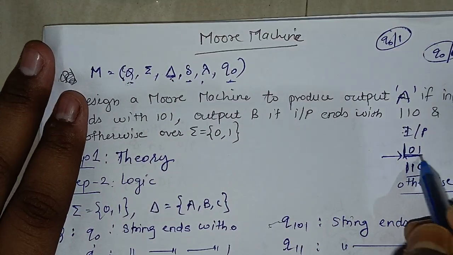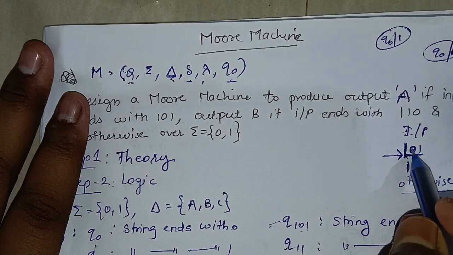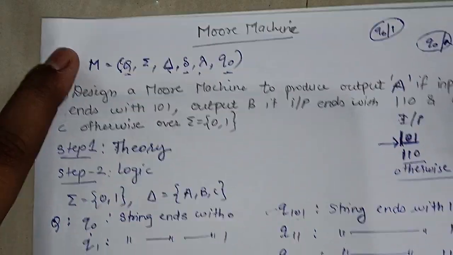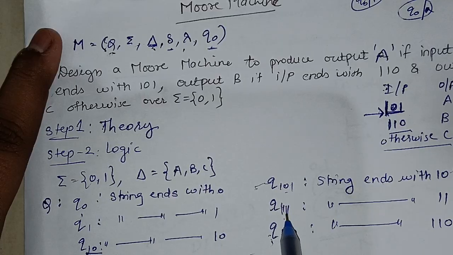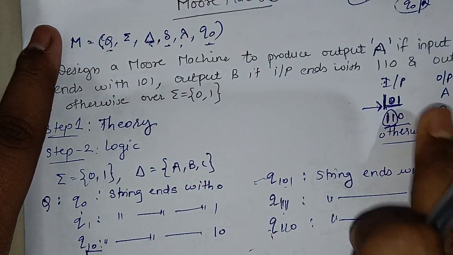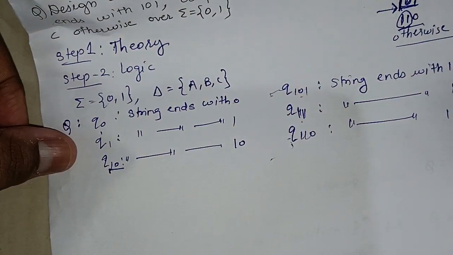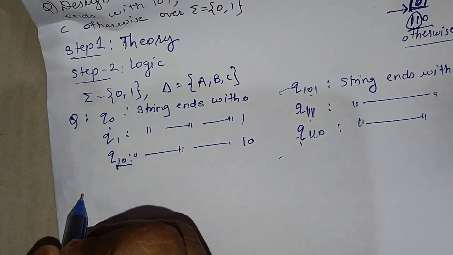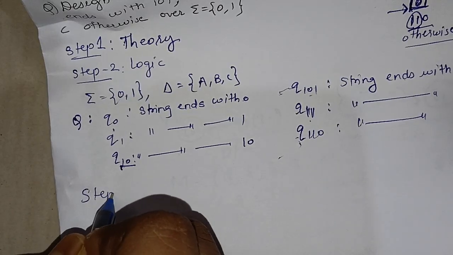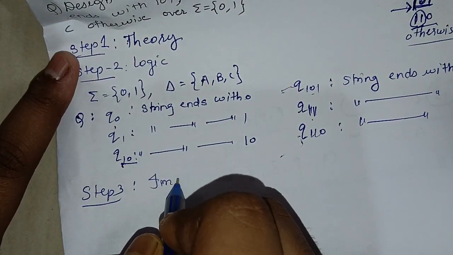Q10 is required in this, that's why I have taken this state. Q101 is for the input 101. Q11 is for the 11 of 110, and Q110 is our required state. Okay, now see our step 3 is our implementation.